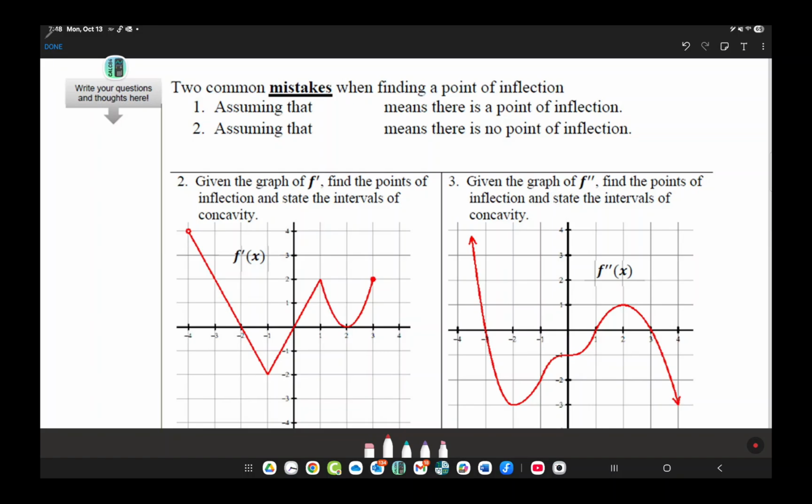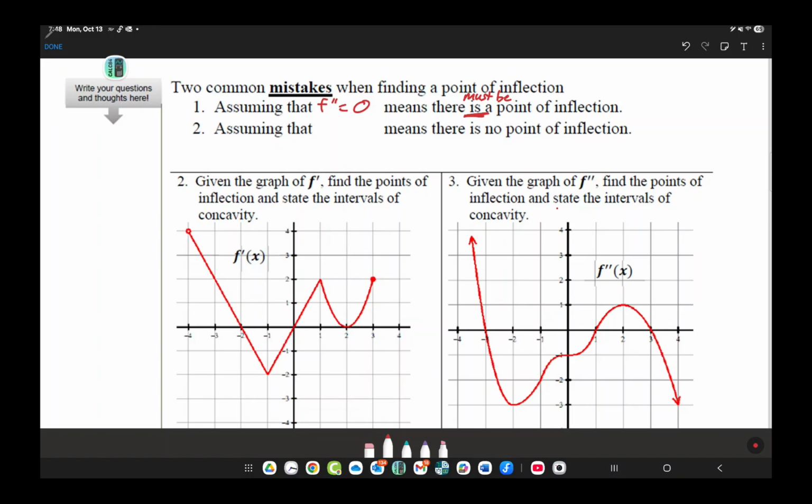One, assuming that f double prime equals 0 means there must be a point of inflection. Just because the second derivative equals 0 does not mean there is a point of inflection. It is very similar to what we showed yesterday. Just because f prime equals 0 doesn't mean it's a local max or local min.